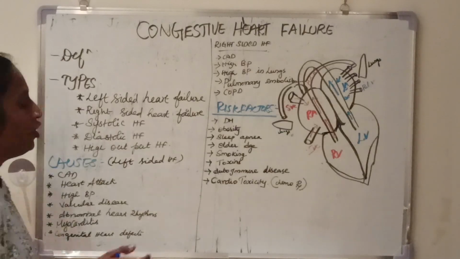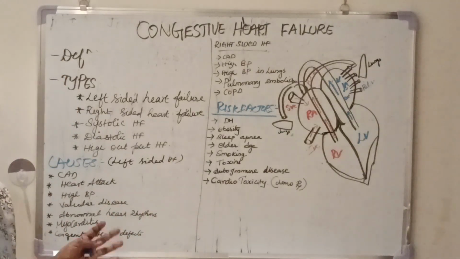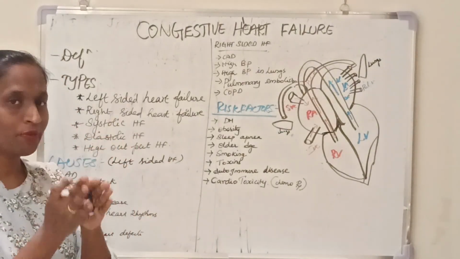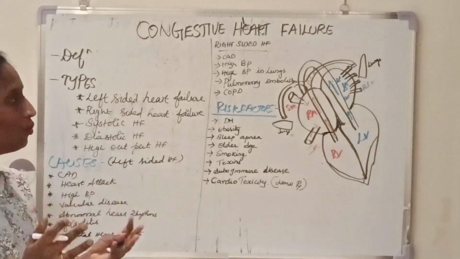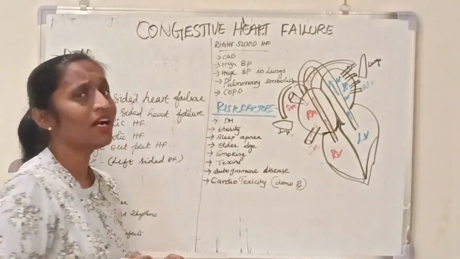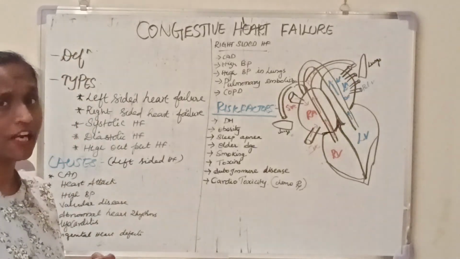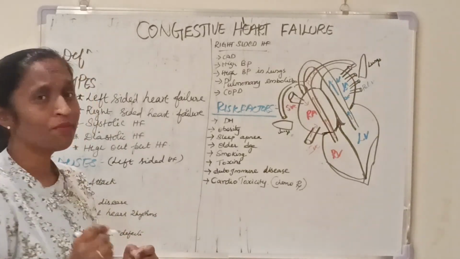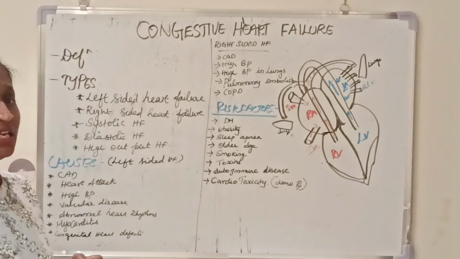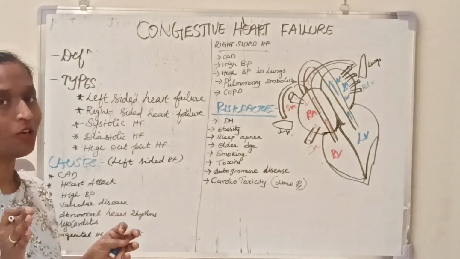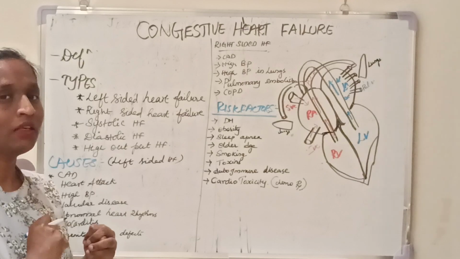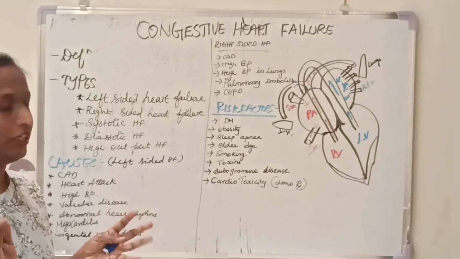As you know, the SA node starts the rhythm and passes it to the AV node and then to the Purkinje fibers. It helps for cardiac output. So if there is any problem in the rhythm of the heart, it will directly affect the output of the heart. Understand? So the blood cannot be pumped properly.